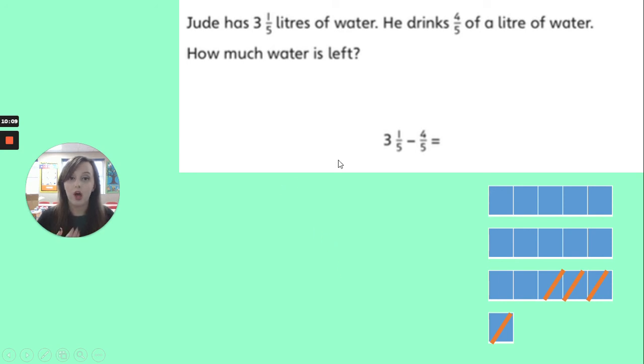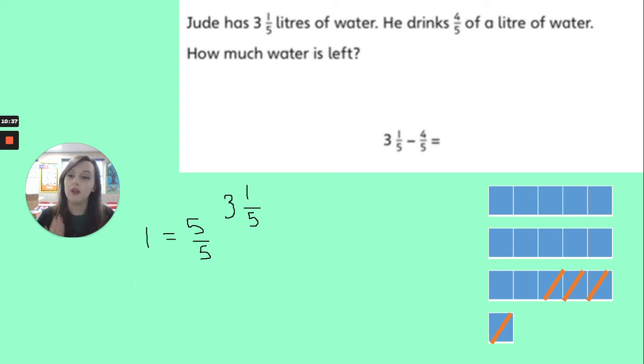Now I'm going to do this as a calculation and see if I get the same answer. This way I know that I can use either method to help me when I'm stuck. Okay, so if I have 3 wholes and 1/5, I need to work out what this is as a fraction. I know that 1 whole is the same as 5/5 because it's 5 out of 5.